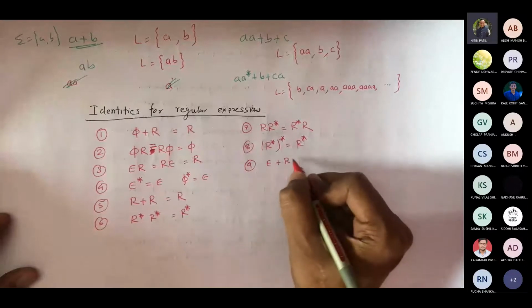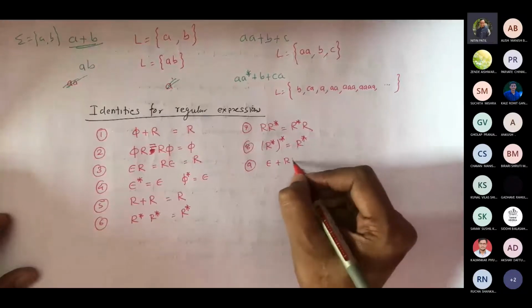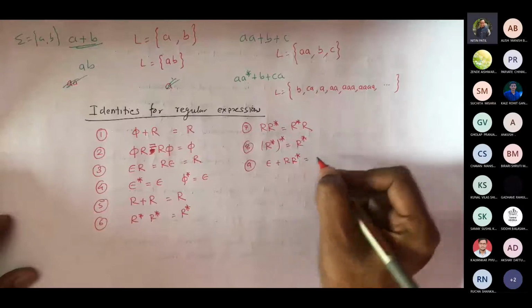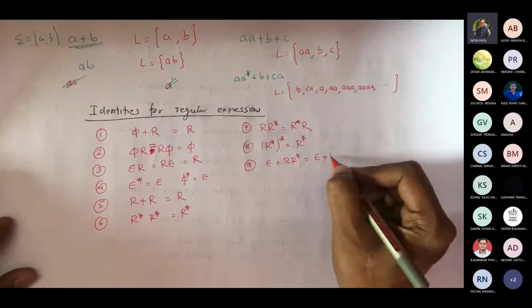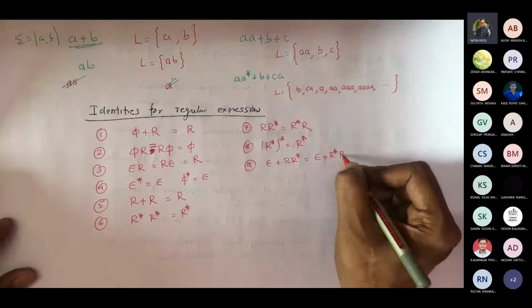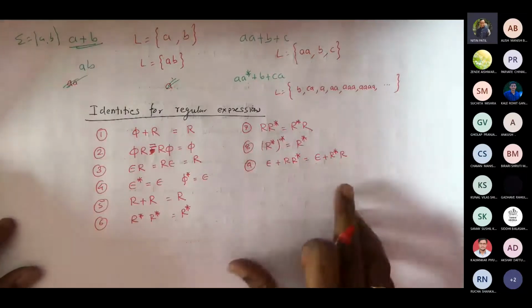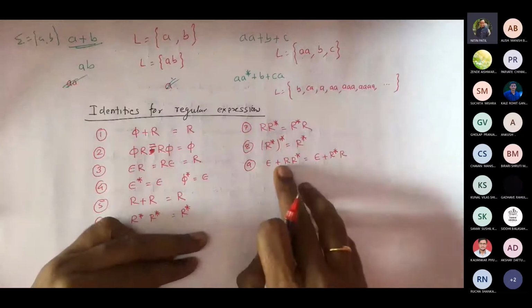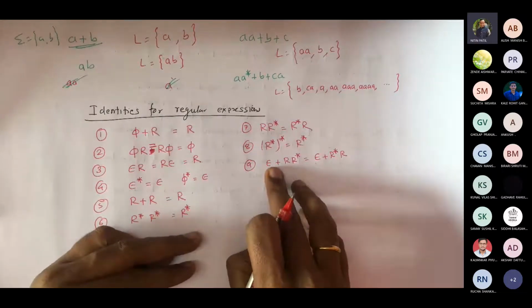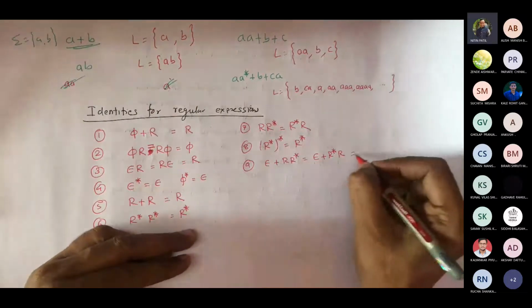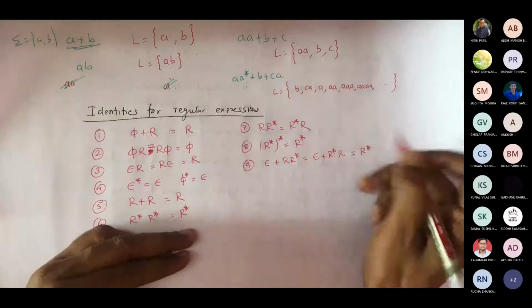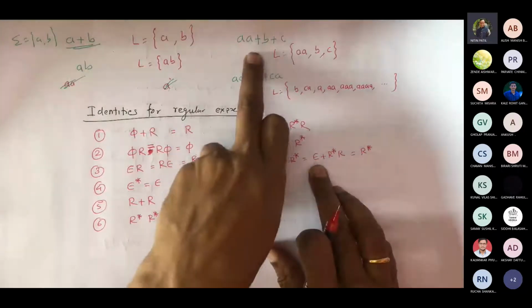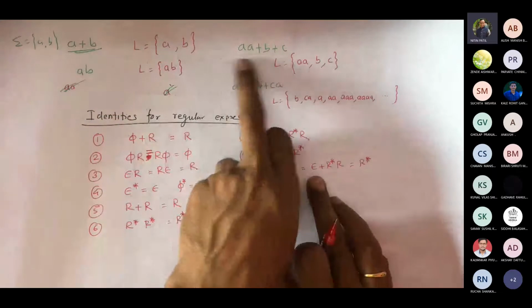Ninth, epsilon plus r star equal to epsilon plus r star r. So we already saw r star r is what? In both the cases it is the same. So you are adding epsilon into it. So this results in r star only, because epsilon would be part of this set when you are talking about this kind of example.